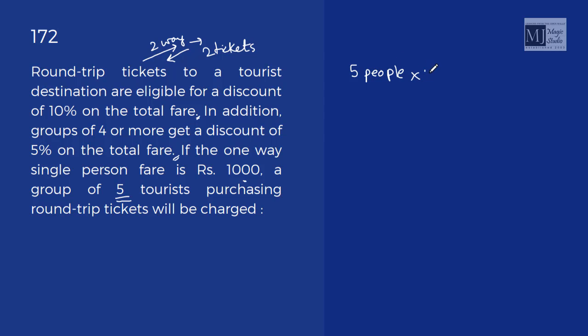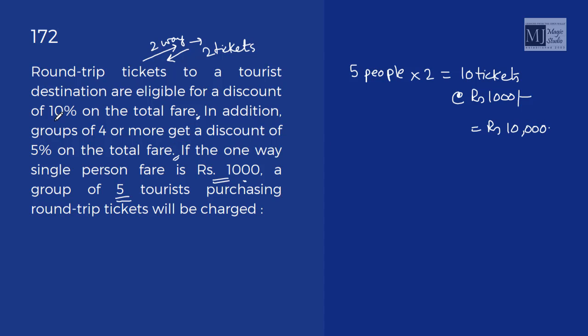if they are buying round trip tickets, they would be buying 10 tickets. One-way tickets cost them 1000 rupees. That means one ticket costs them 1000. 10 tickets should cost them at the rate of 1000, that is rupees 10,000.